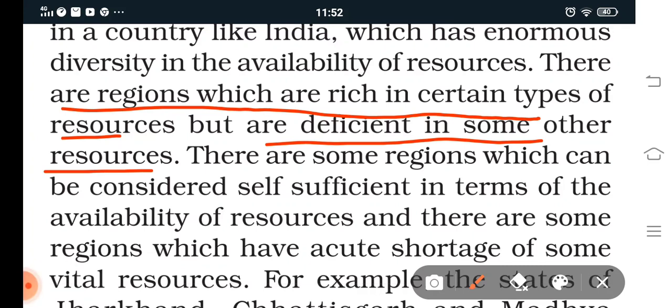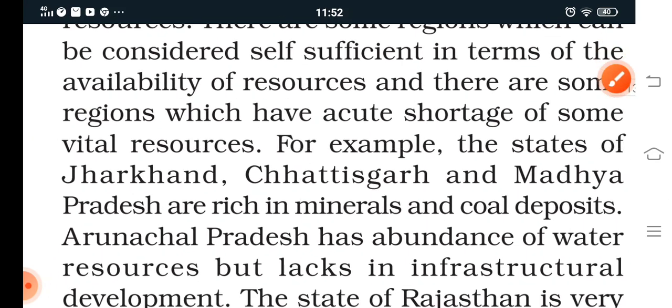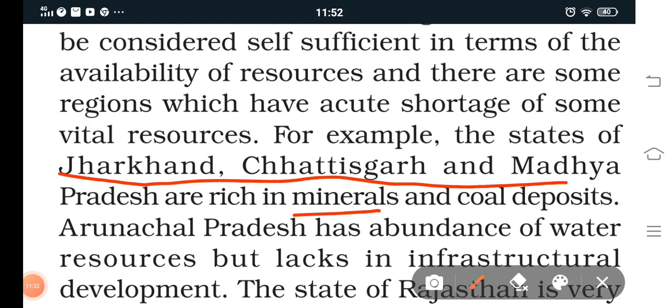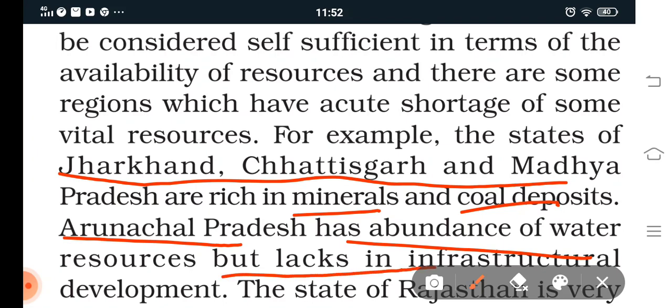There are variations. Therefore, there are some regions which can be considered self-sufficient in terms of availability of resources, and there are some regions which have a shortage of very vital resources. For example, states such as Jharkhand, Chhattisgarh, Madhya Pradesh are rich in minerals and coal deposits. And Arunachal Pradesh has lots of water but it lacks infrastructural development.